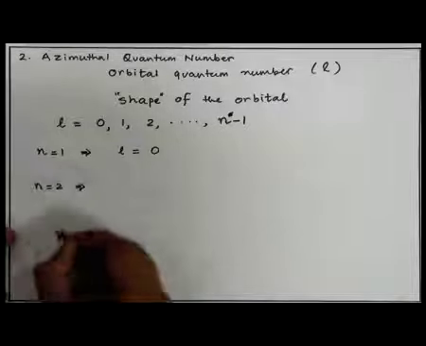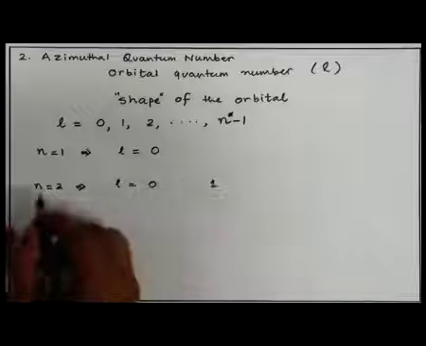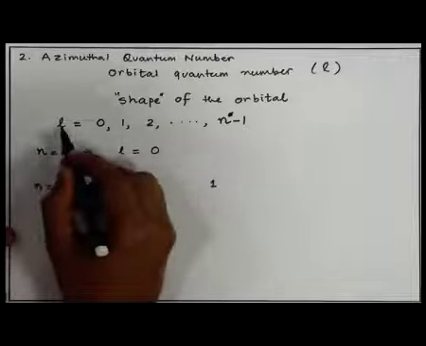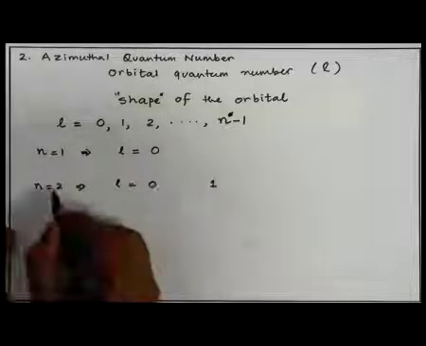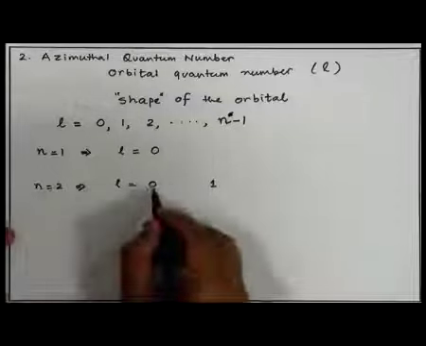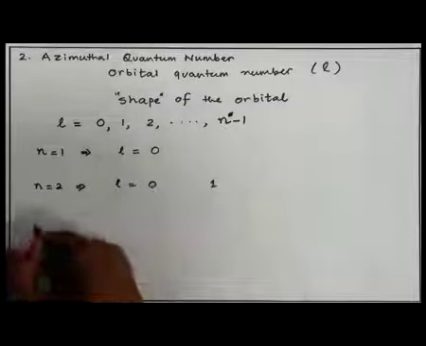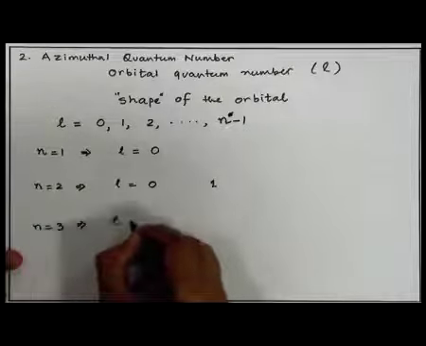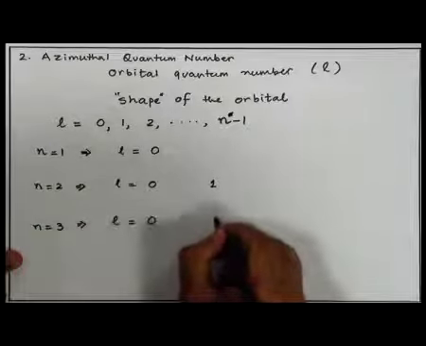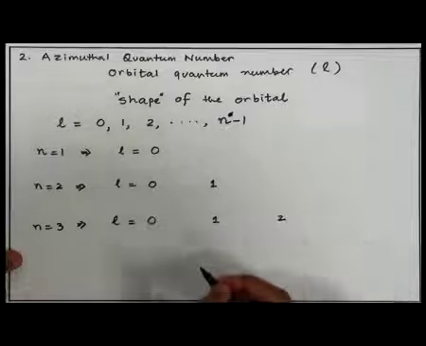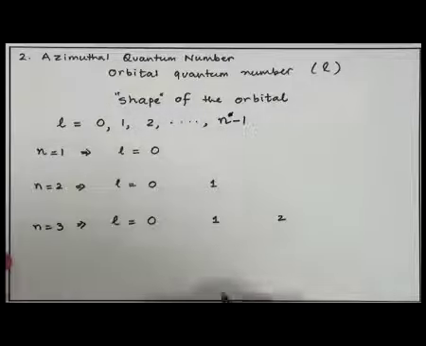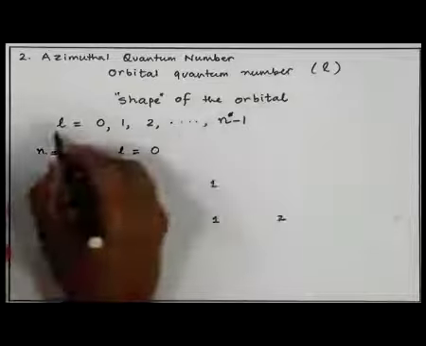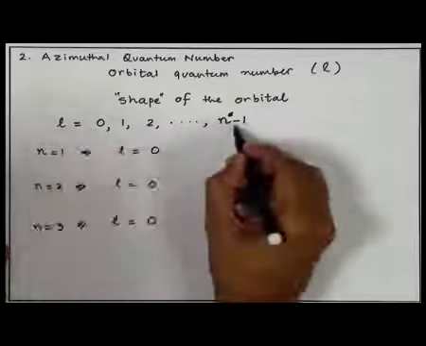L can go from 0 to n minus 1, and since n is 2, L can be 0 or 1. If n is 3, L can be 0 or 1 or 2 and so on. So, the values of L can be from 0 to n minus 1.